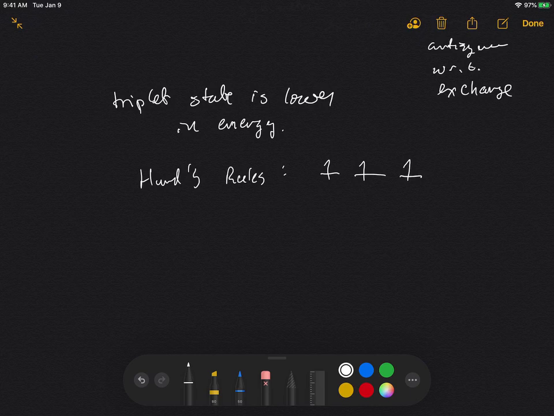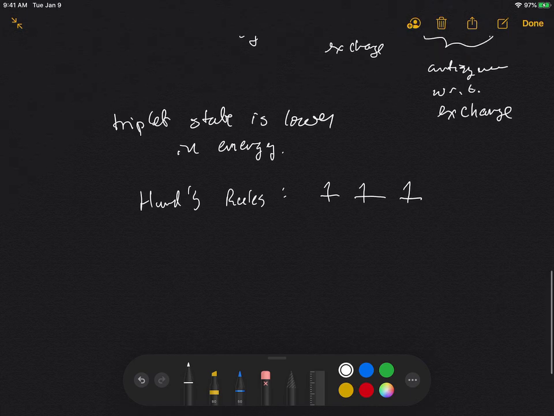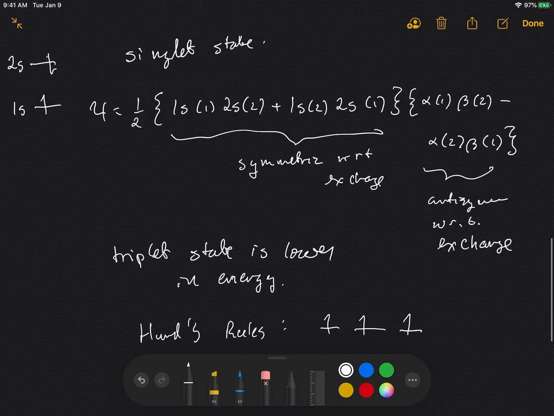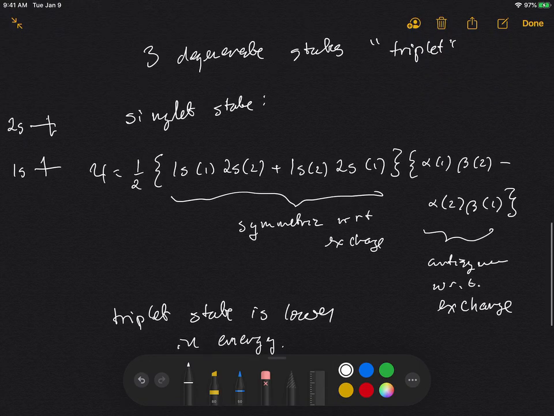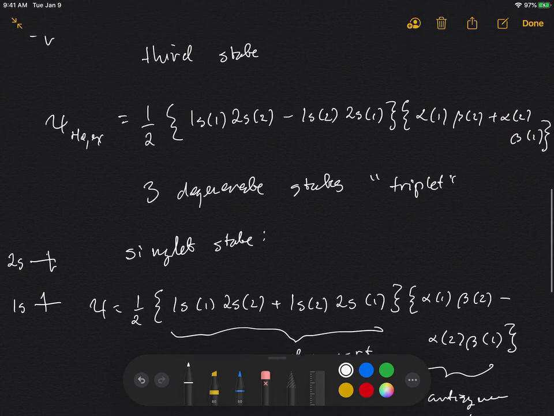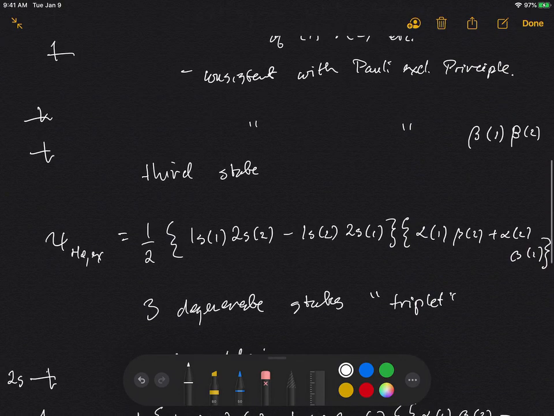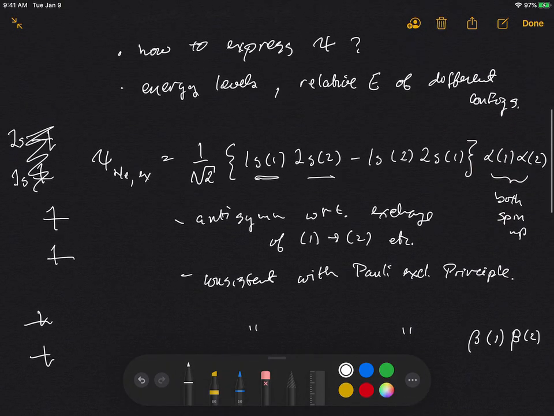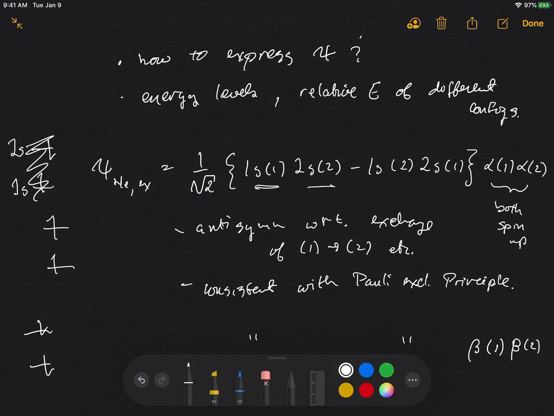Another way to look at it is, if we look at these wave functions, let's look at one of the simpler ones, this one up here.